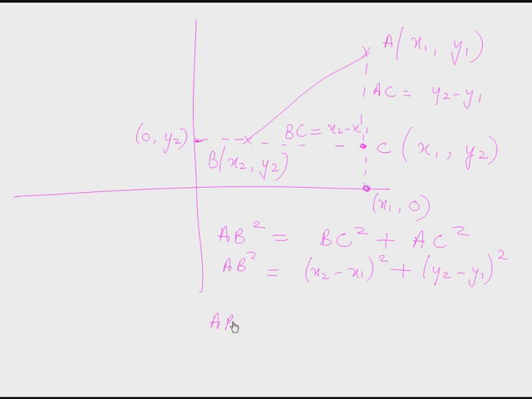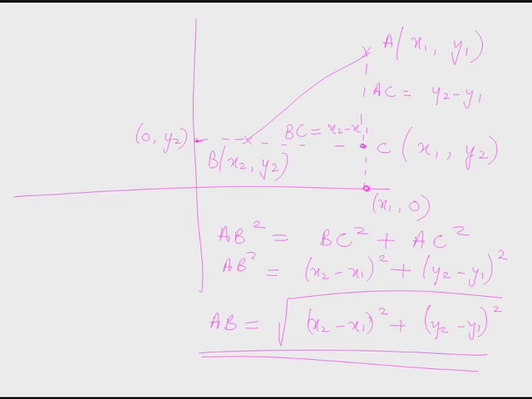So AB turns out to be the root of this entire expression. So it's the root of the difference between the horizontal coordinates squared plus the difference between the vertical coordinates squared. Once you understand Pythagoras theorem, this is really a very simple formula.